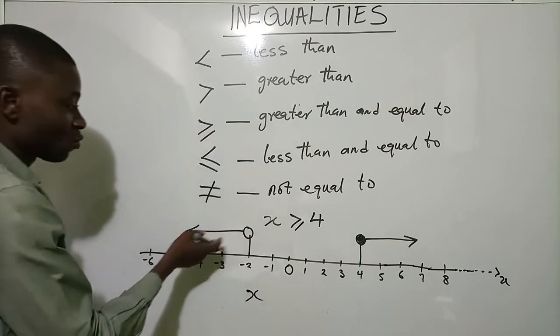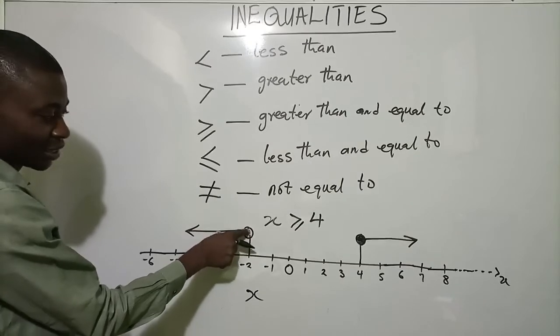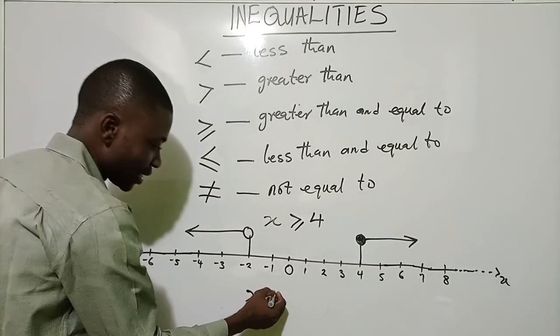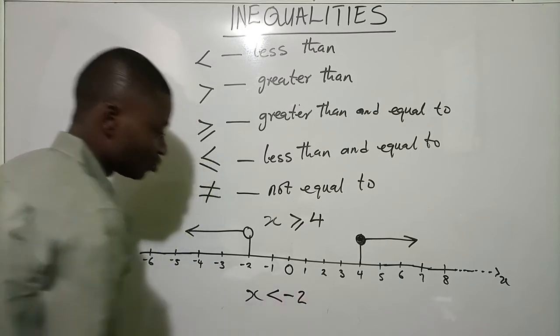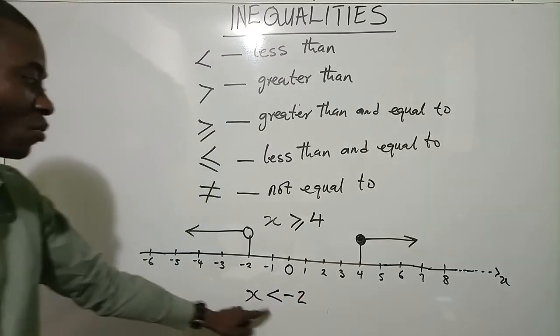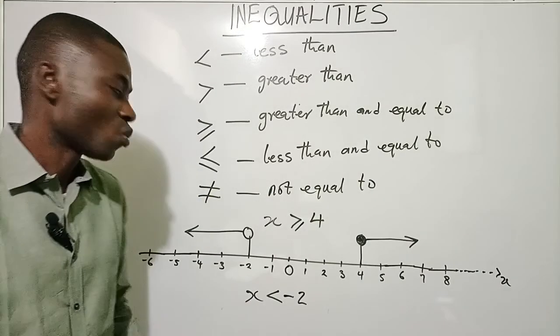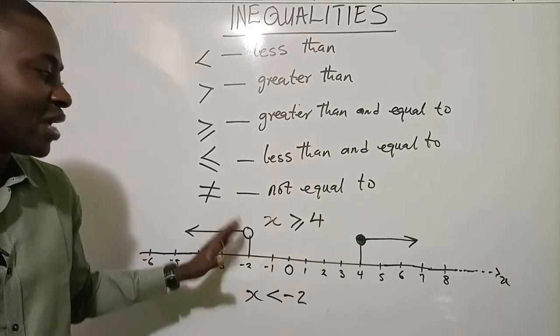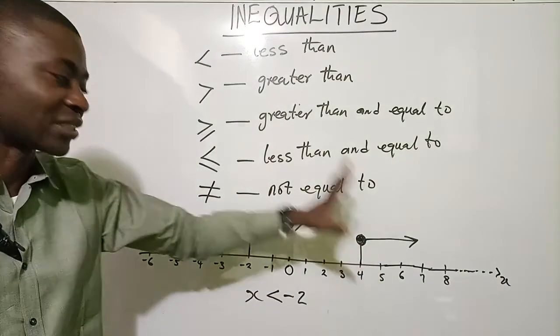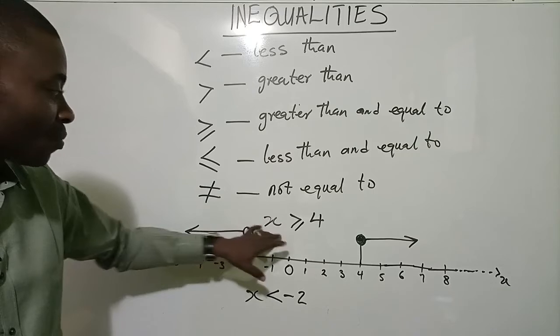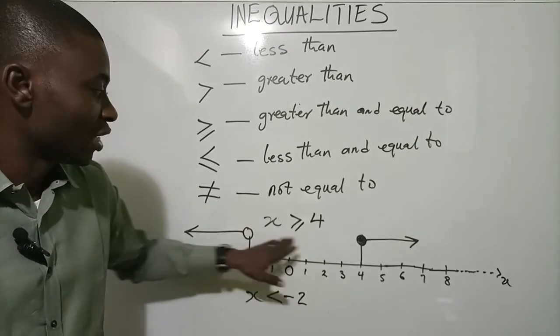Will it be less than or equals, or just less than? Look at this, you can see that it's empty. So it's going to be x is less than minus 2. So with this knowledge, you can easily express anything in number line, or translate anything expressed in number line back into inequalities like this.